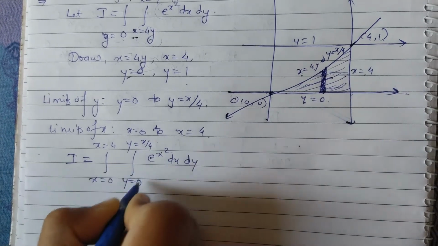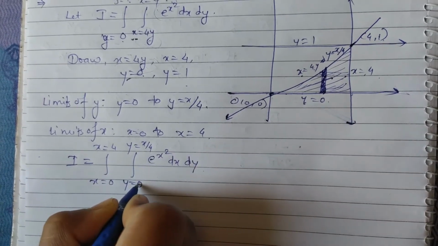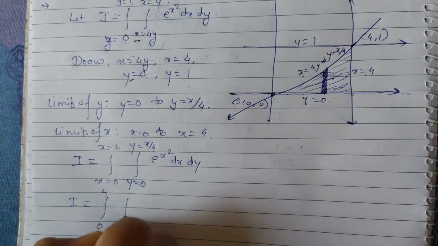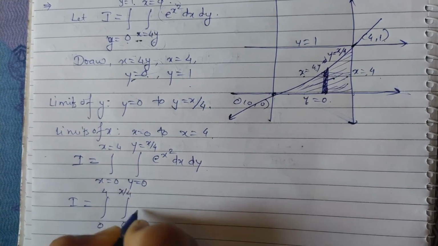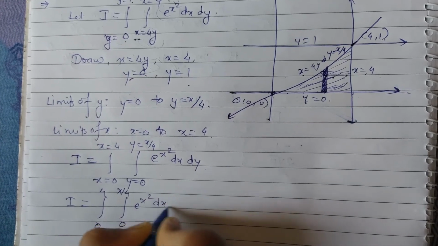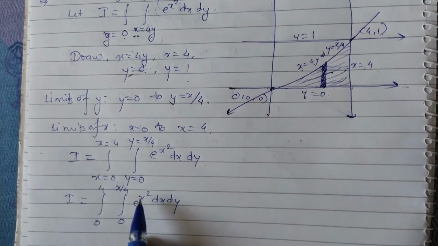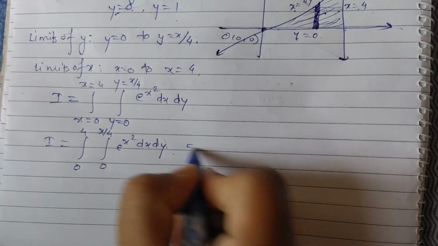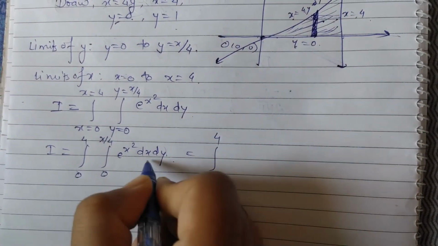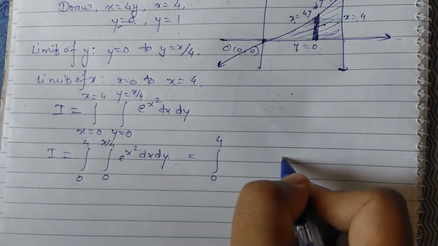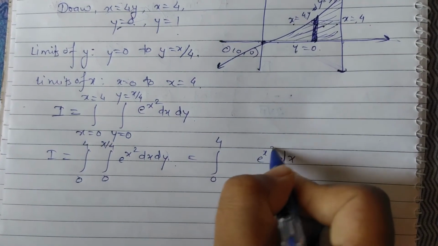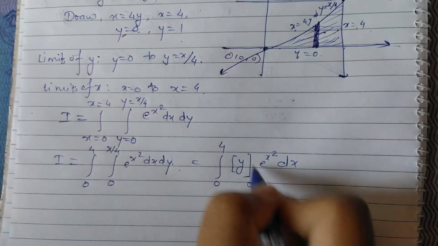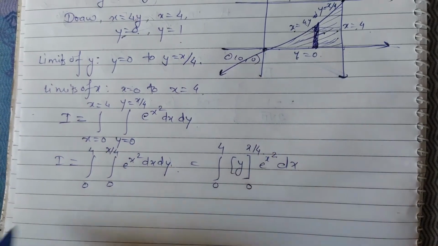Since the limits of y are in terms of x, integrate with respect to y first. So 0 to 4 as it is, dx, and e raised to x square as it is. What is the integration of dy? y, with limits 0 to x by 4.